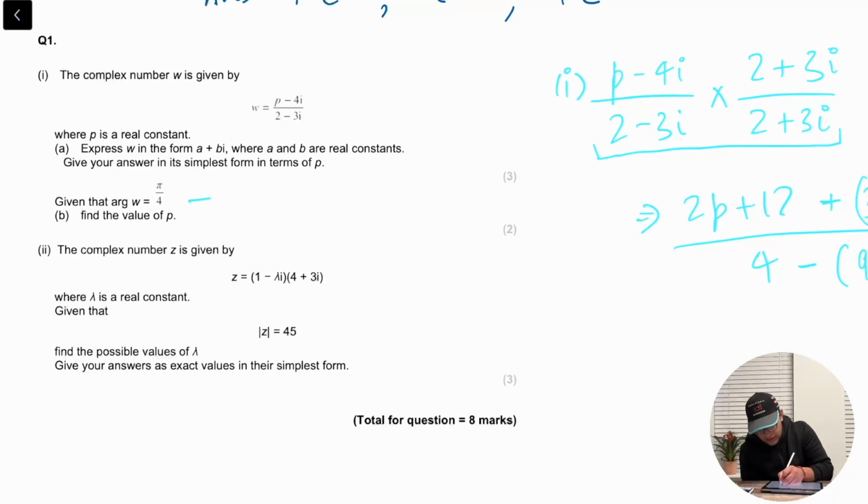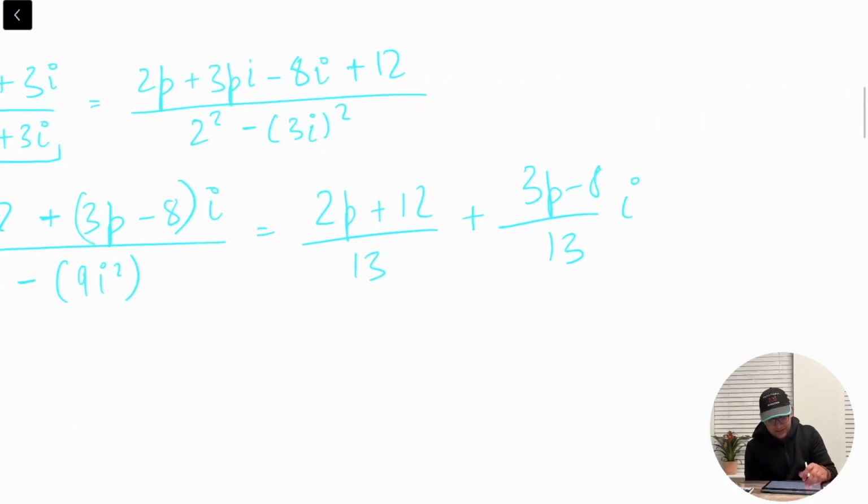If you remember closely, tan of pi over 4, or tan of 45, is actually just 1. What that means is that the real part and the imaginary part have to be the same. So this part, which is the real, equals this part, which is the imaginary, right?